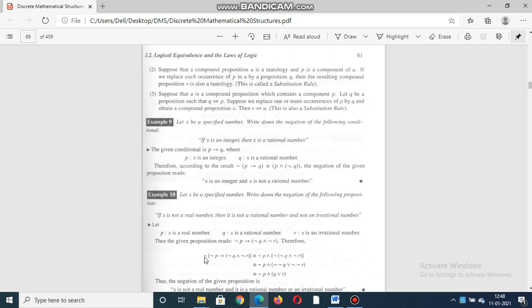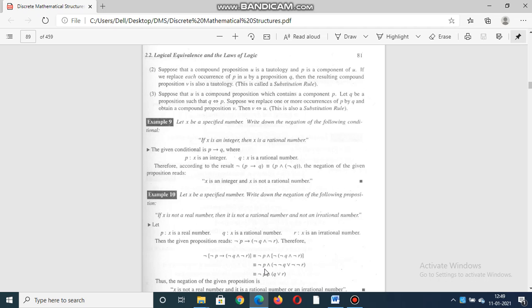Apply the negation. Once you apply the negation, p implies q becomes p conjunction negation q. Like that, negation p: this implies symbol is converted into conjunction, with whole negation, because inside you have a value, that's why we put negation on the whole.